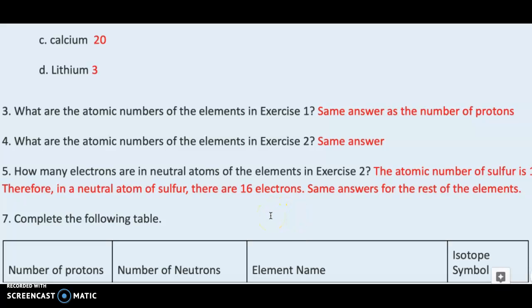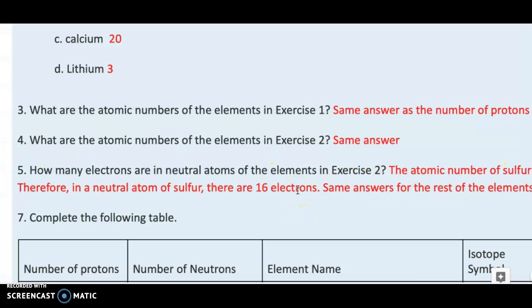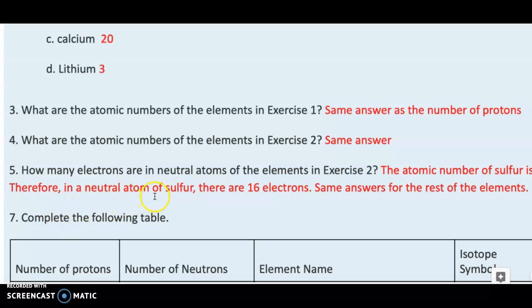So by knowing the atomic number, you can find the number of protons and you can find the number of electrons. Make sure that you know that this is a neutral atom, not positively charged, not negatively charged, neutral atom. So the atomic number of sulfur is 16. Therefore, in the neutral atom of sulfur, there are 16 electrons.